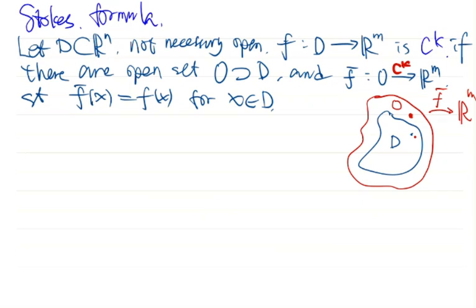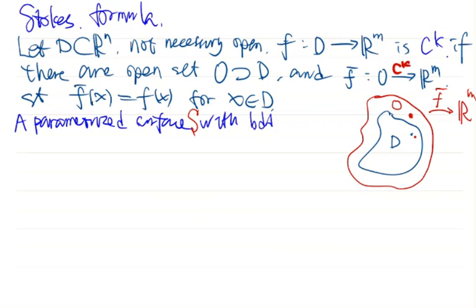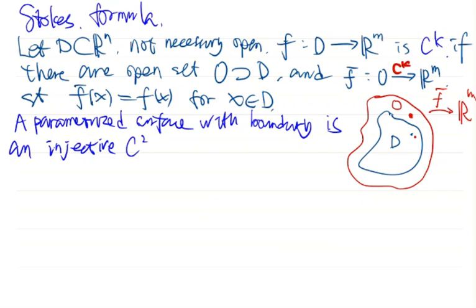Okay. Now, a parametric surface with boundary is an injective C2 map. C2 is not necessary, sometimes C1 is enough.